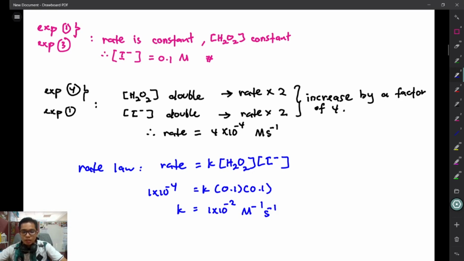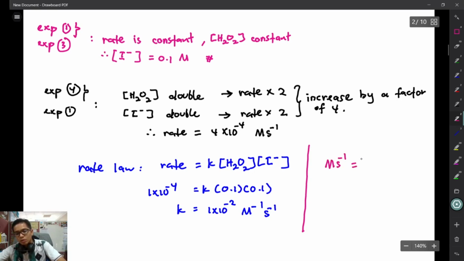Why do we get M minus 1 S minus 1? Because the overall order is second order. If you are unsure about the unit, let's check. The unit for rate is MS minus 1. So MS minus 1 equals K, the rate constant, whose unit we need to find out, times the molarity of H2O2 and the molarity of I minus.